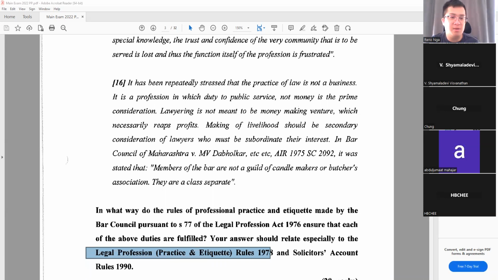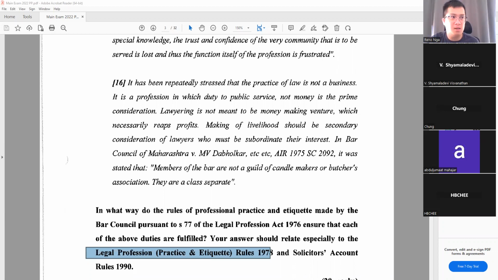Basically, professional practice is a subject about what a lawyer should or shouldn't do. It's more like a lawyer's morals. It covers in what situation we can accept a case, in what situation we cannot accept a case to conduct, and also what you shouldn't do.